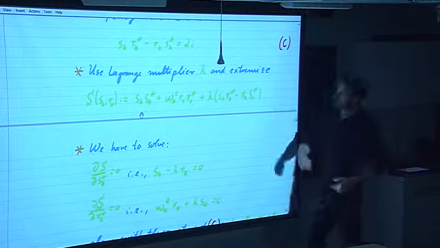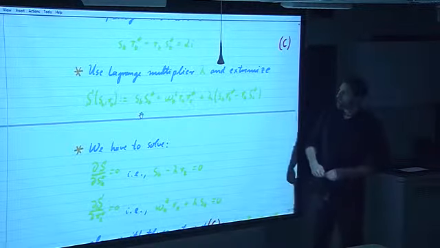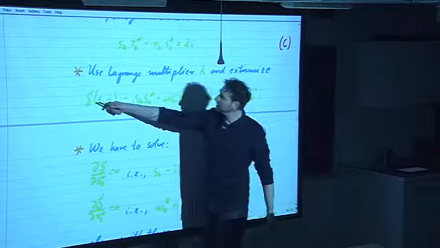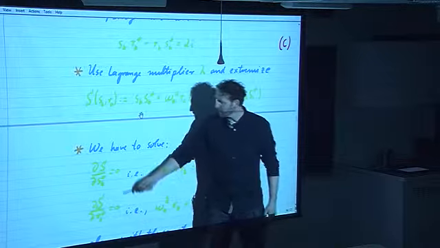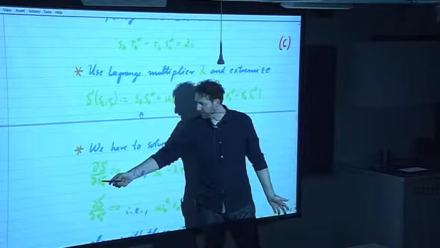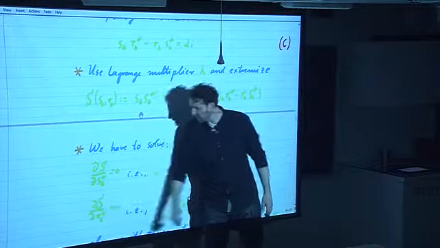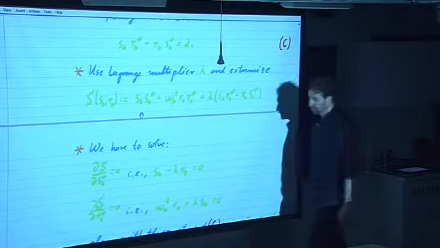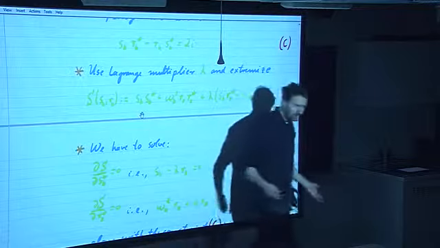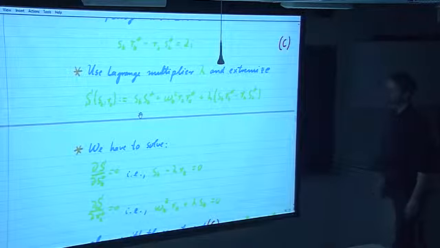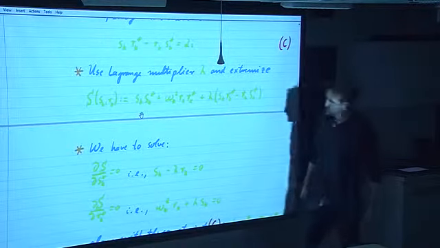Okay, so constraint optimization. We have to differentiate this, to extremize it with respect to our variables. We differentiate with respect to the S star and with respect to the R star. If we differentiate with respect to S and with respect to R, we get the same equations, just complex conjugated. No new information in it.